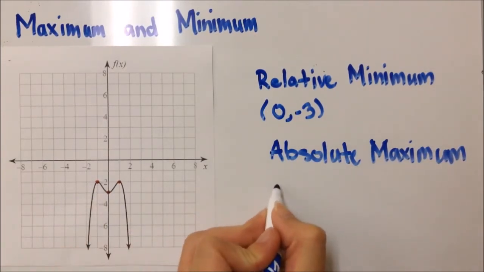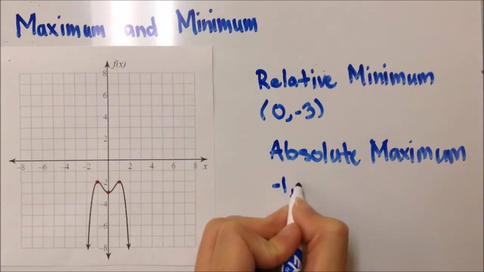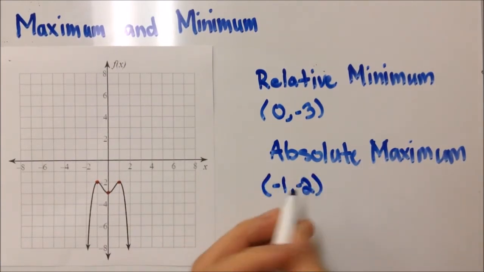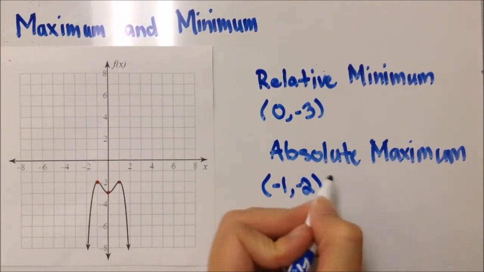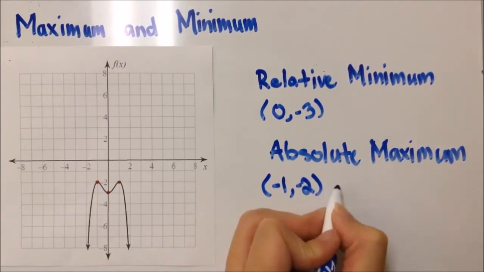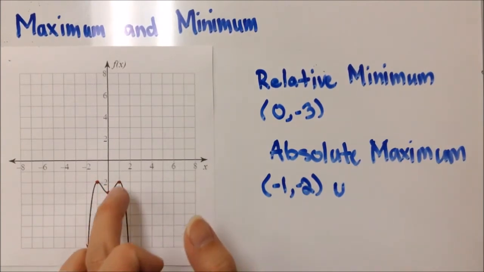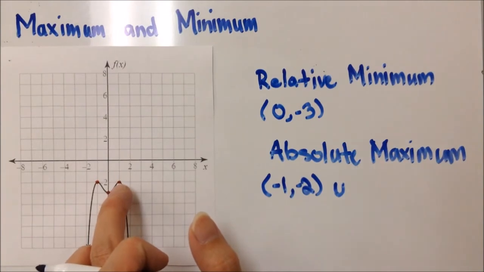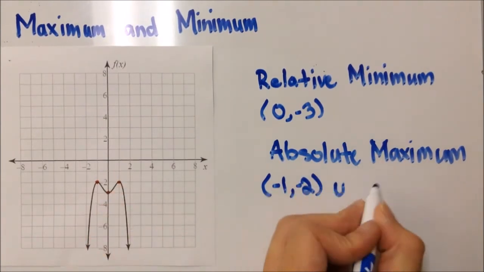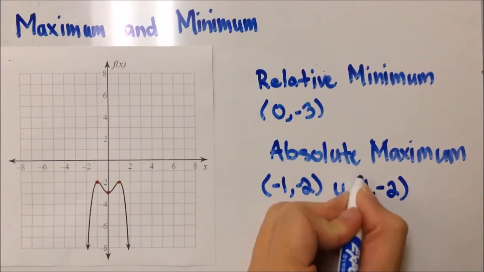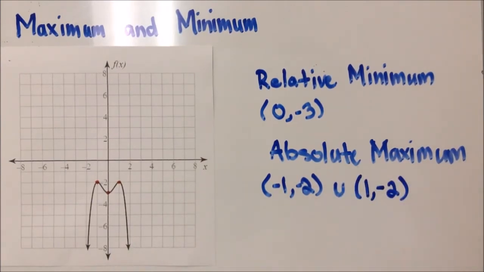So I'm going to write -1 and -2. That's our corner point. And you can just write a comma, or I'm just going to use the U symbol to be familiar. And I'm going to write the second corner point. So over here, 1 for x and -2 for y. So 1 and -2. That's pretty much it.